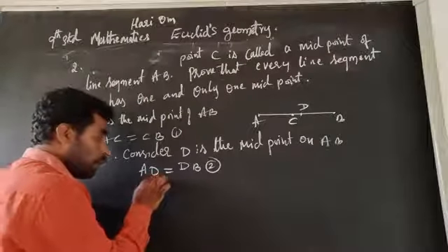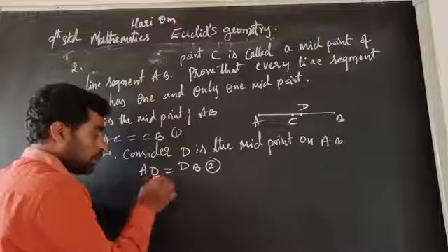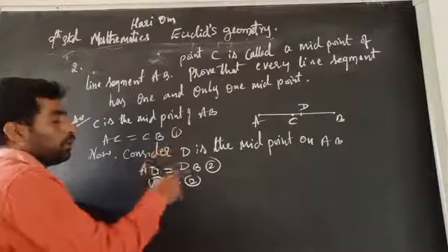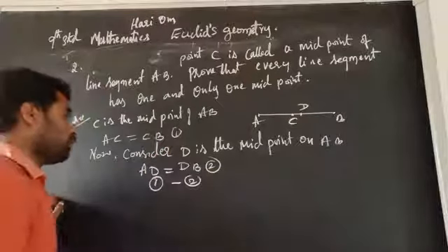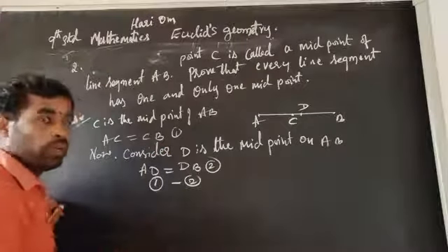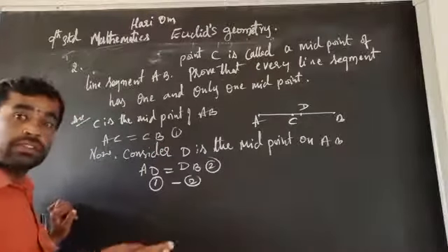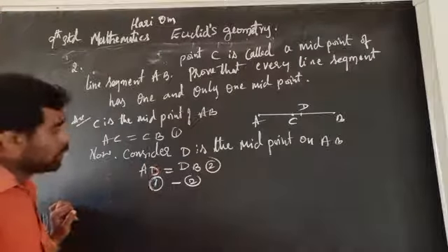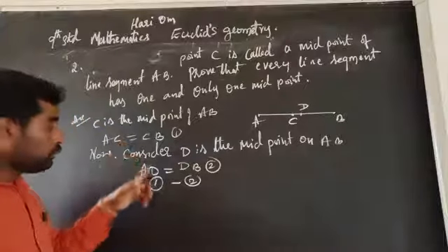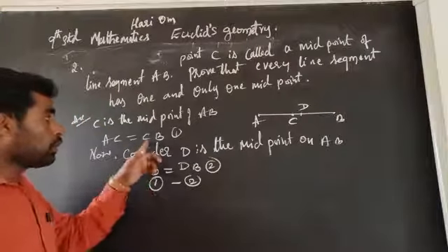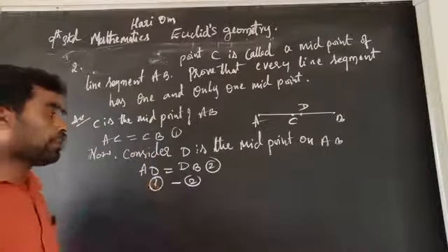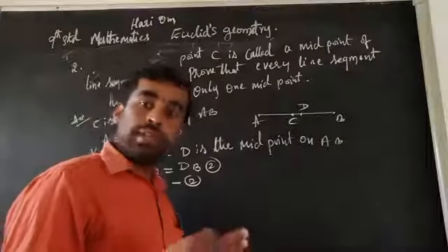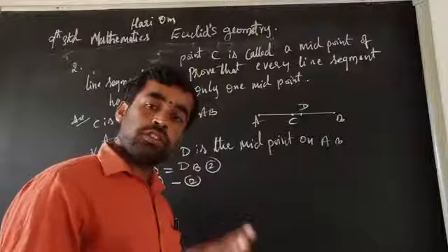Now we have to subtract: I'm subtracting equation number 1 minus 2. According to the rule, we should subtract LHS with LHS and RHS with RHS.